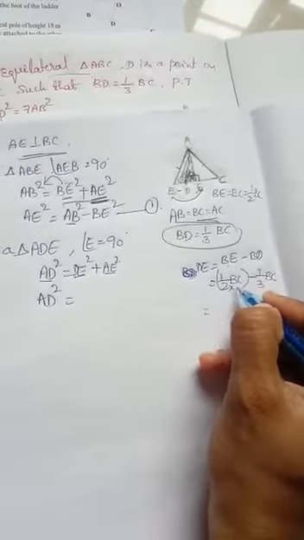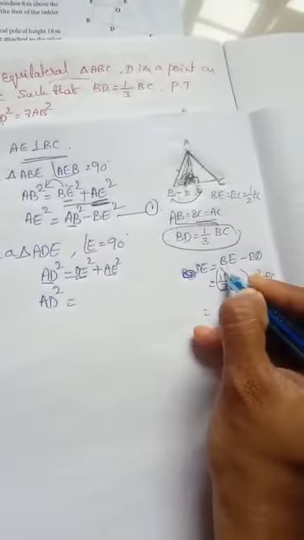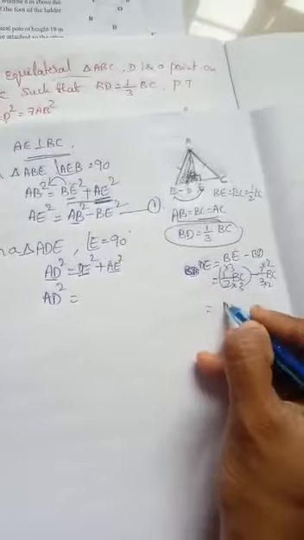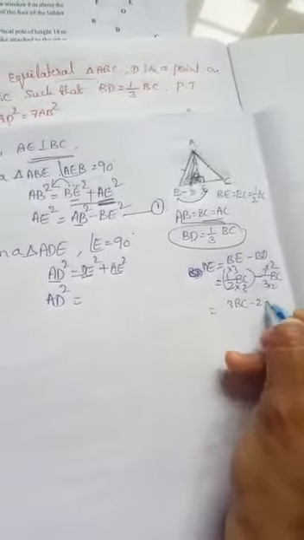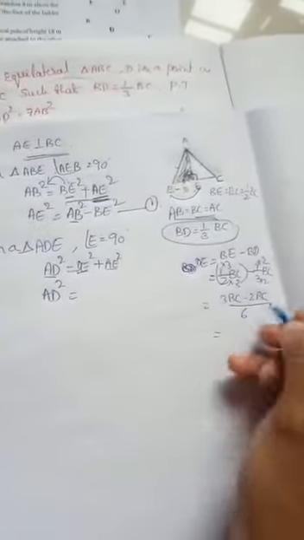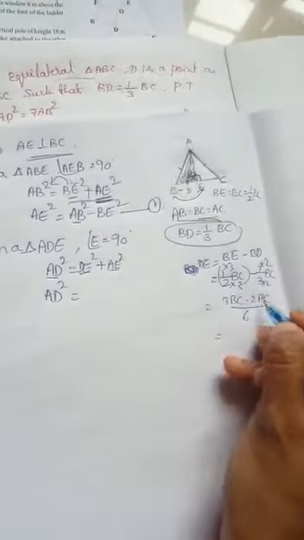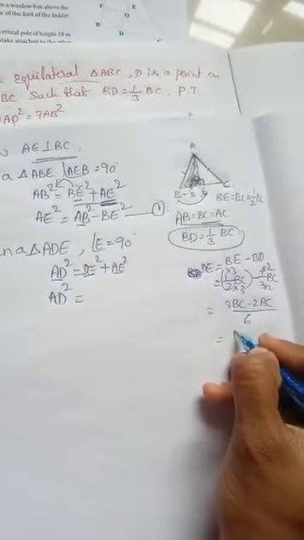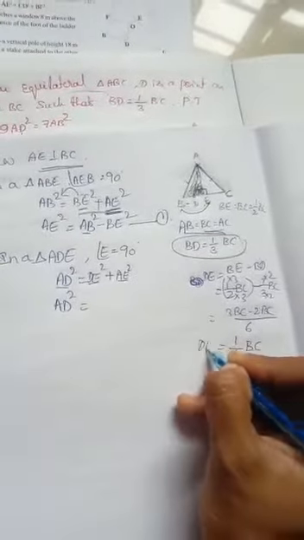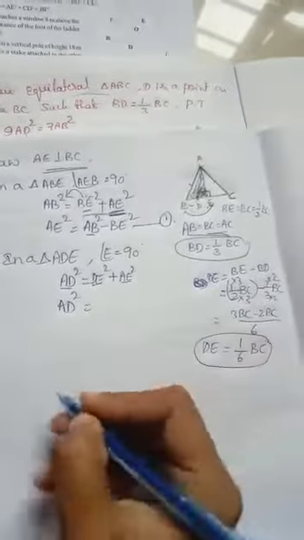Making the denominator the same, 3 2s are 6, 2 3s are 6. Therefore, 3 BC minus 2 BC over 6, the denominator being the same, by subtracting the numerators, 3 BC minus 2 BC means 1 BC by 6. The value of DE is 1 by 6 times BC.